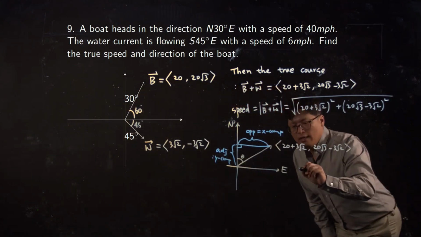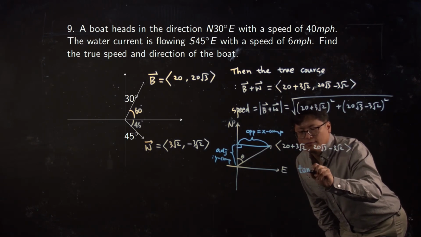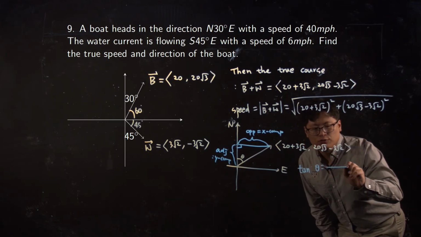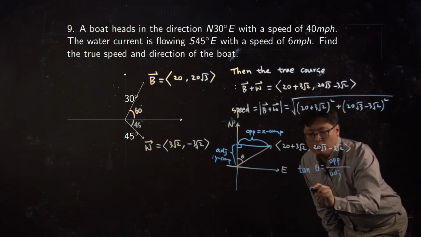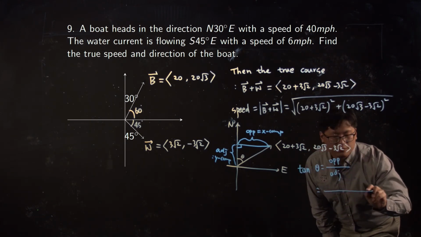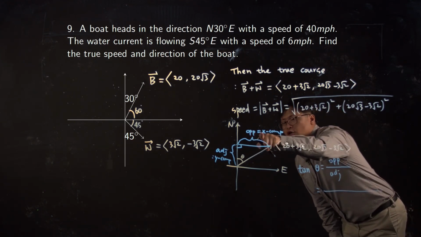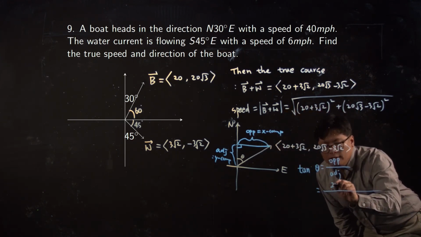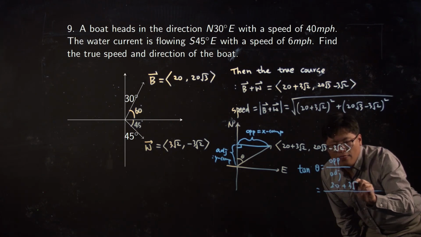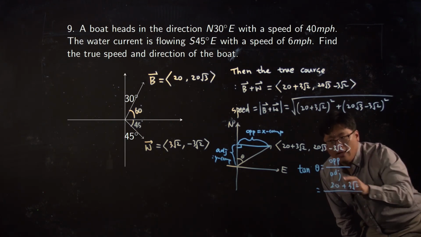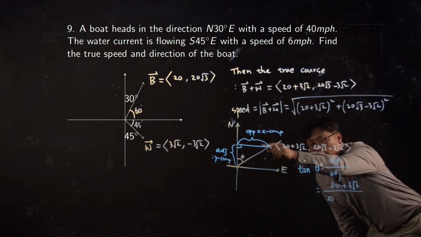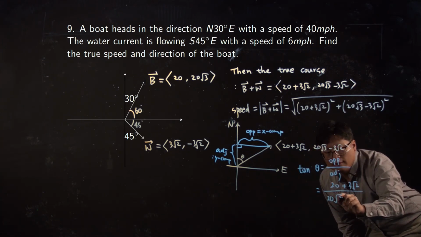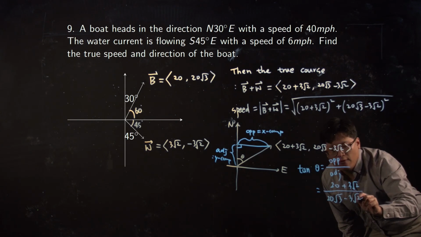Here we go. Tangent theta is equal to opposite over adjacent. As we talked about, your opposite is the x component, 20 plus 3 square root 2, and your adjacent is your y component in that case. Just look at the right triangle. 20 square root 3 minus 3 square root 2.